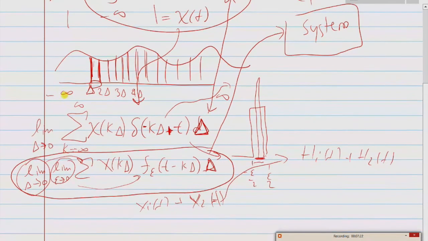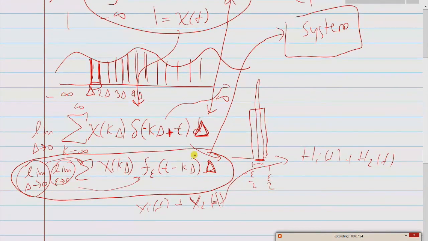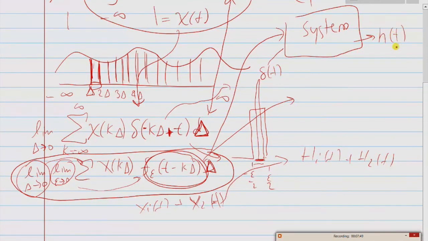So knowing that I can do that, and knowing that an LTI system is also by definition time invariant, that means if I shift the input here, then I also shift the corresponding output. So knowing that for any LTI system, if I pass in the Dirac delta, I get an impulse response of that system, which I will represent as h of t.